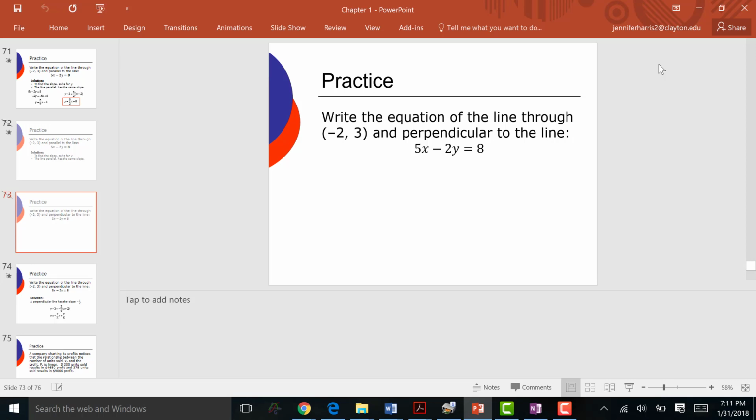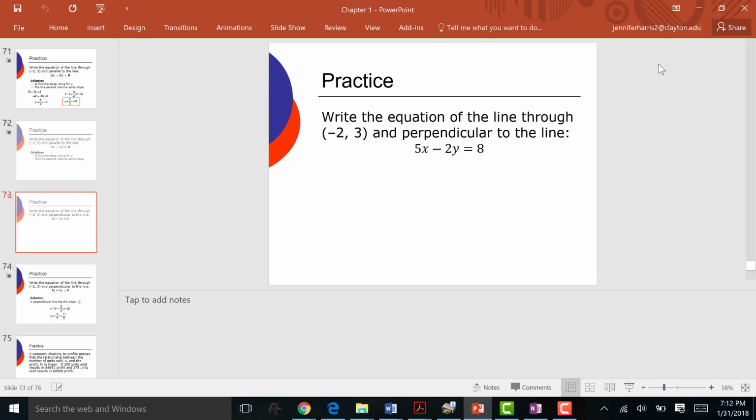Alrighty, so do I have a point? And do I have the slope? Okay, so here's my point, -2, 3. What's my new slope again? -2/5. Okay, my new slope, m, is equal to -2/5.